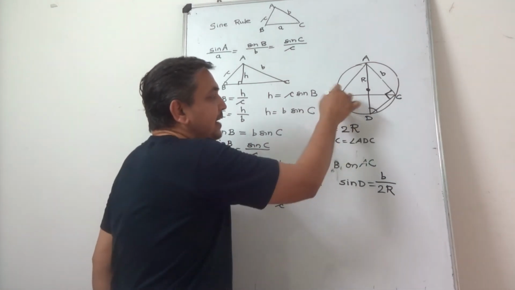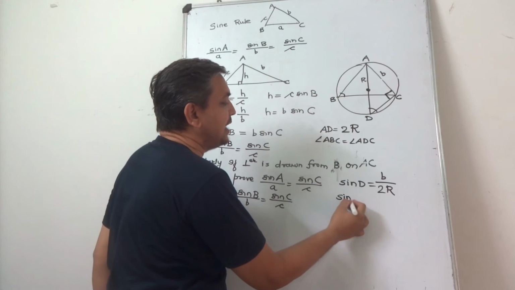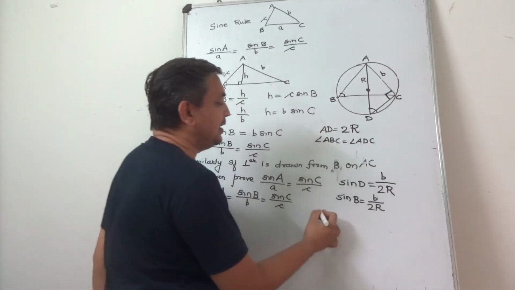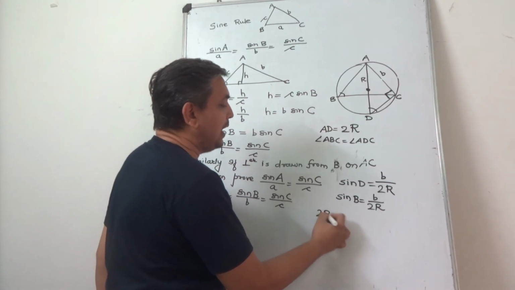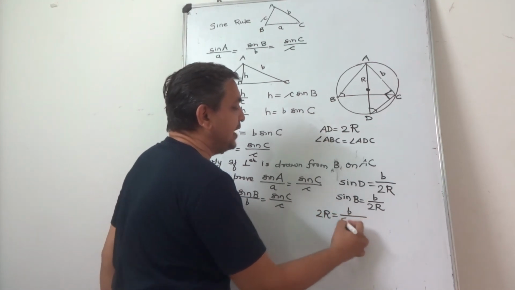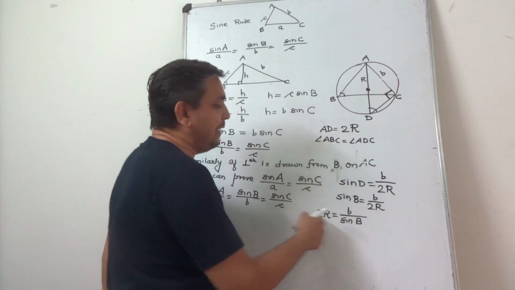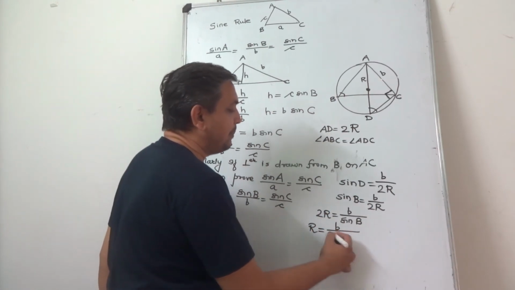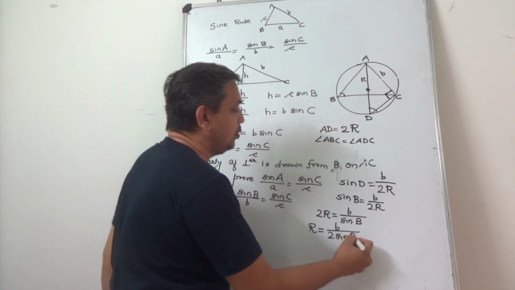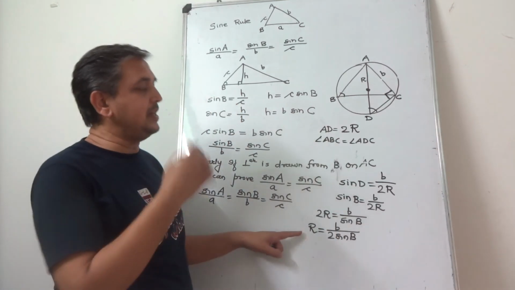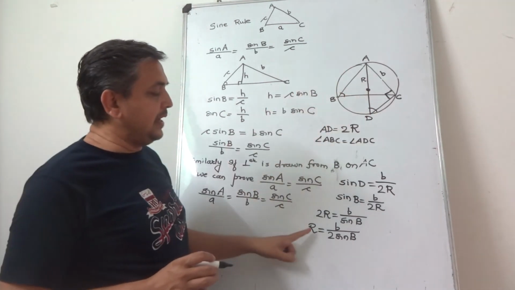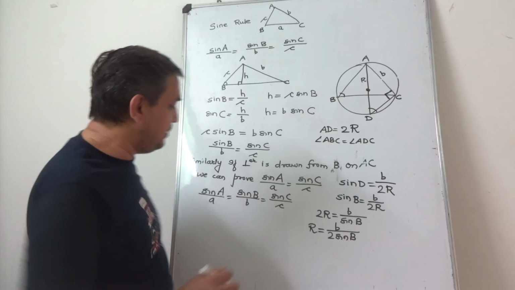So we write sin B equal to b upon 2R, or 2R is equal to b upon sin B, or circumradius is equal to b upon 2 sin B. So circumradius can be found from triangle ABC, that R equal to b upon 2 sin B.